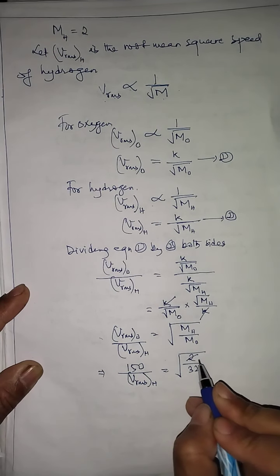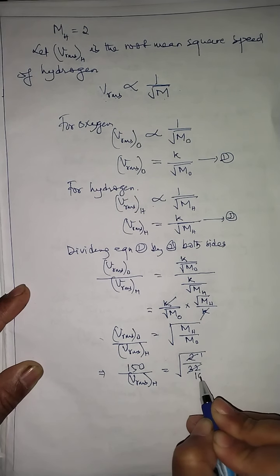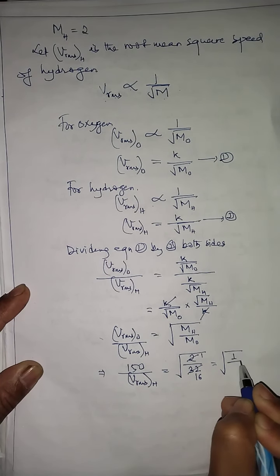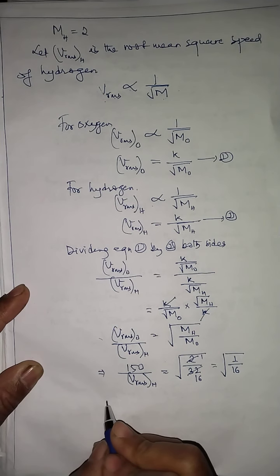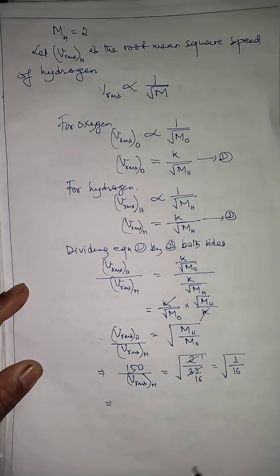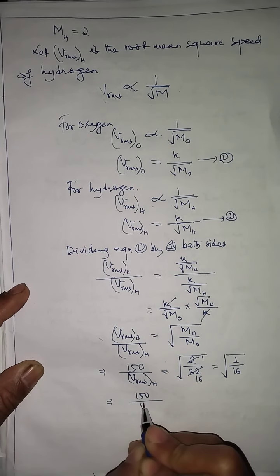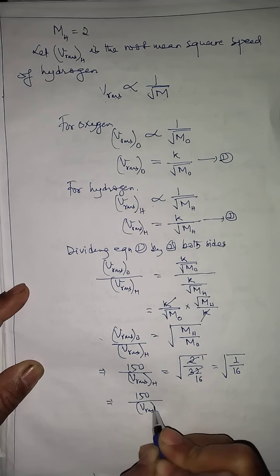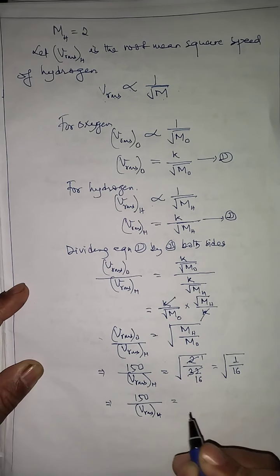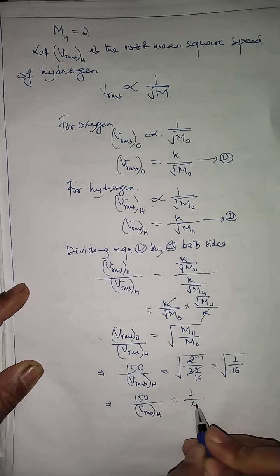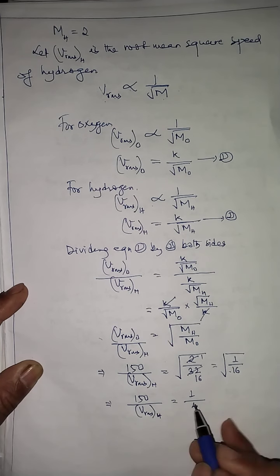We can divide: 2 1s are 2, 2 16s are 32, which means it is the square root of 1 by 16. On the right hand side, taking the square root, 150 by VRMS of hydrogen equals the square root of 1, which is 1, over the square root of 16, which is 4.